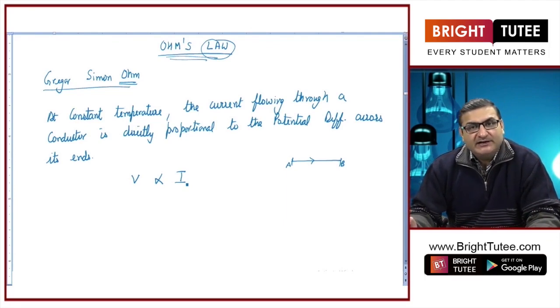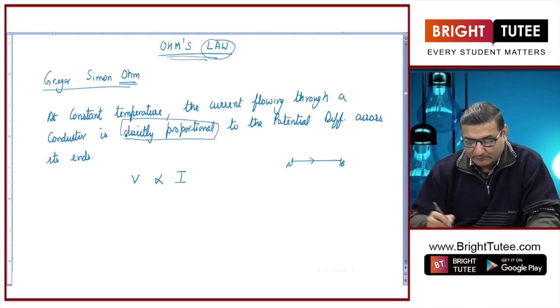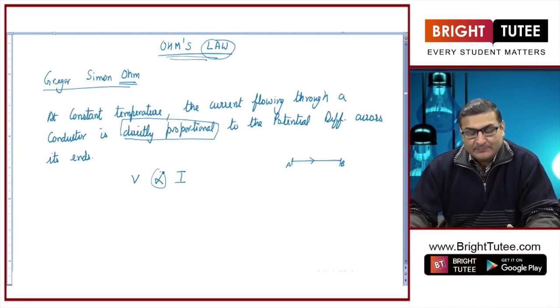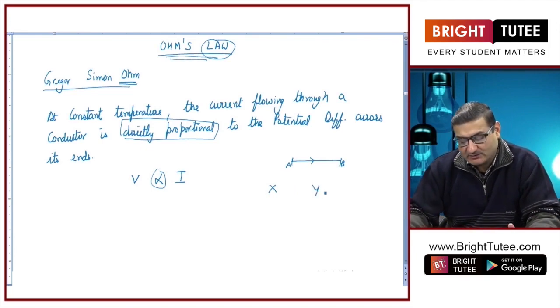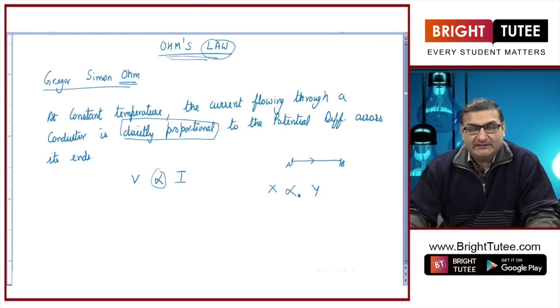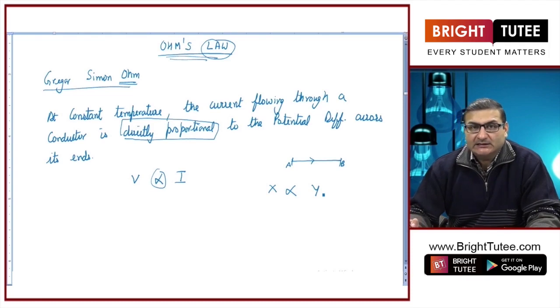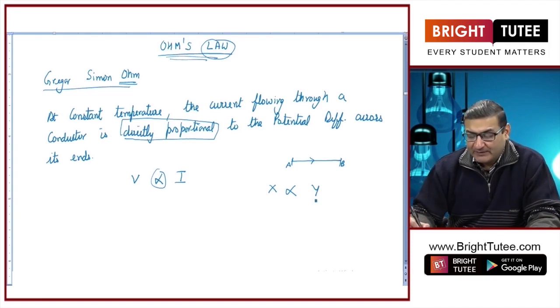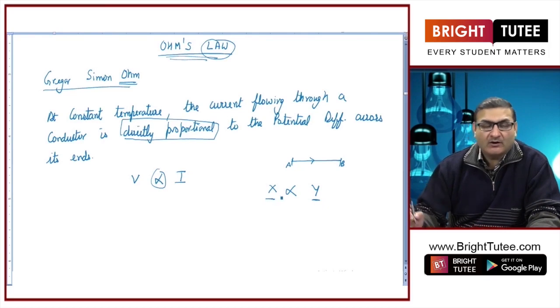First of all students, you need to understand what we mean by this particular word directly proportional and this symbol. If for example we are talking about any two related or unrelated things, and I put a sign of alpha between them, we read it like x is directly proportional to y, and the conclusion we draw is that if y changes, there will be a direct effect in the same proportion on x.